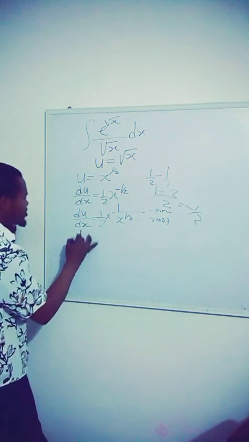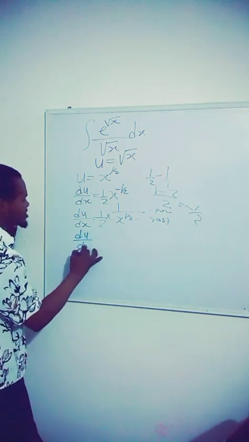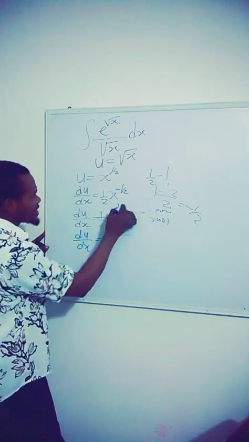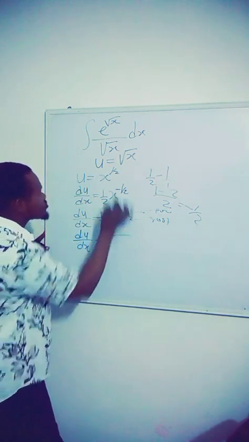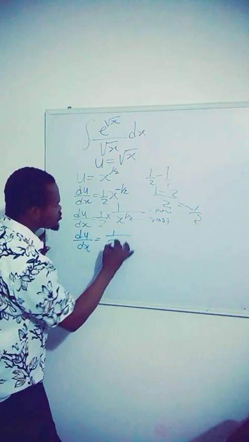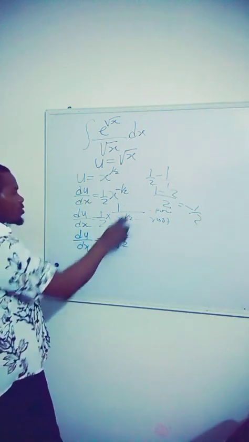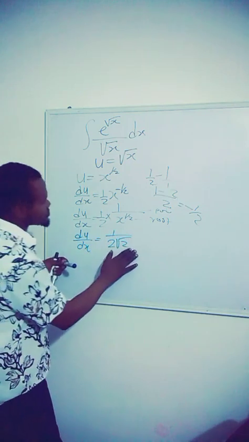So it becomes du/dx is equal to 1 over 2 root x. I told you this becomes the root, while 1 becomes the power.